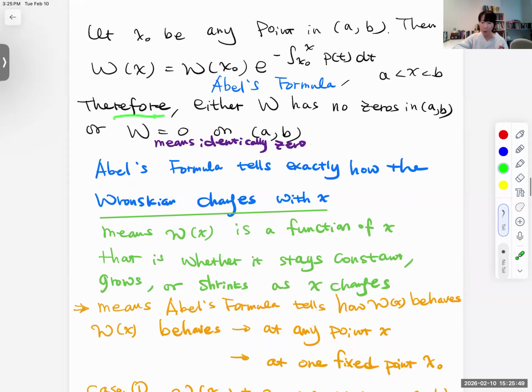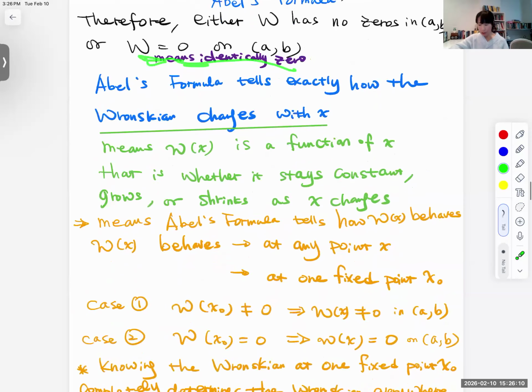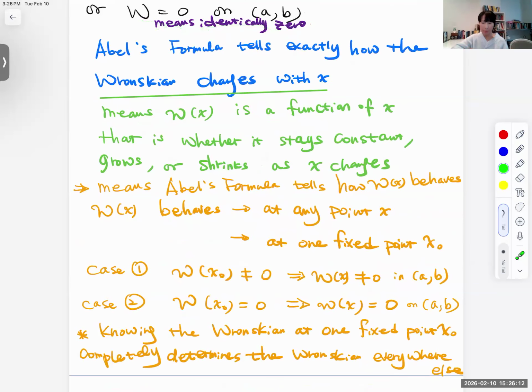Okay, so therefore, either the Wronskian has no zero in AB, or the Wronskian is equal to zero on AB, yeah? So zero means identically zero. Okay, I wrote down the concept here.